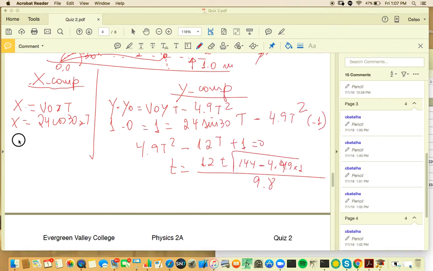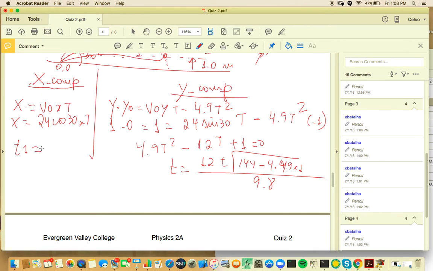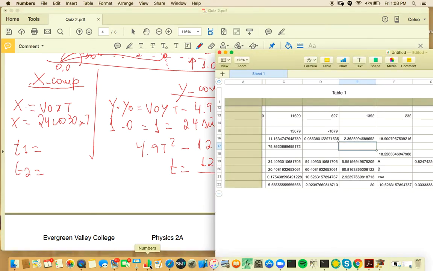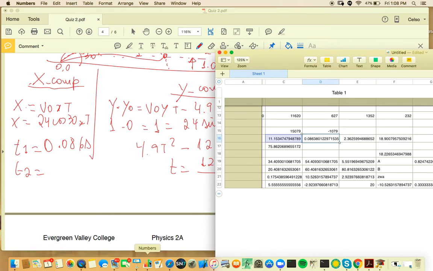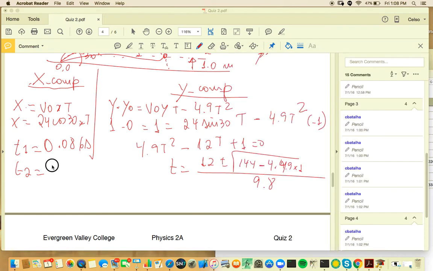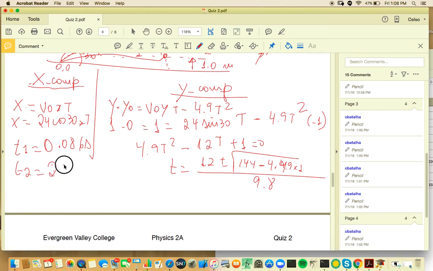So time one is equal to 0.86 seconds, and time two is 2.36 seconds.